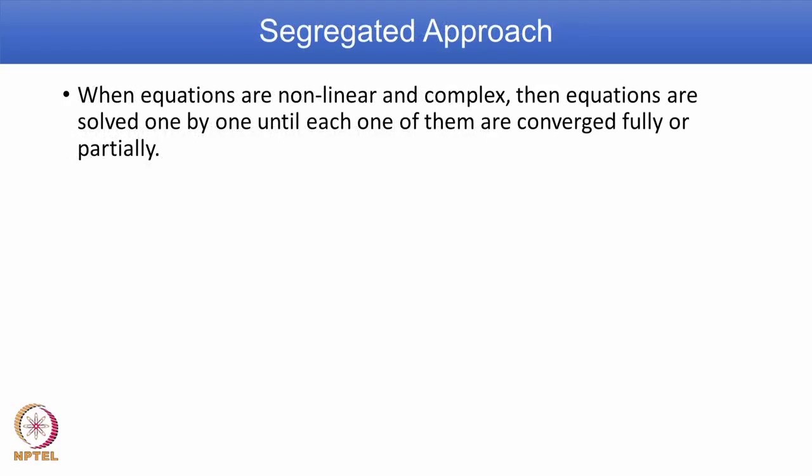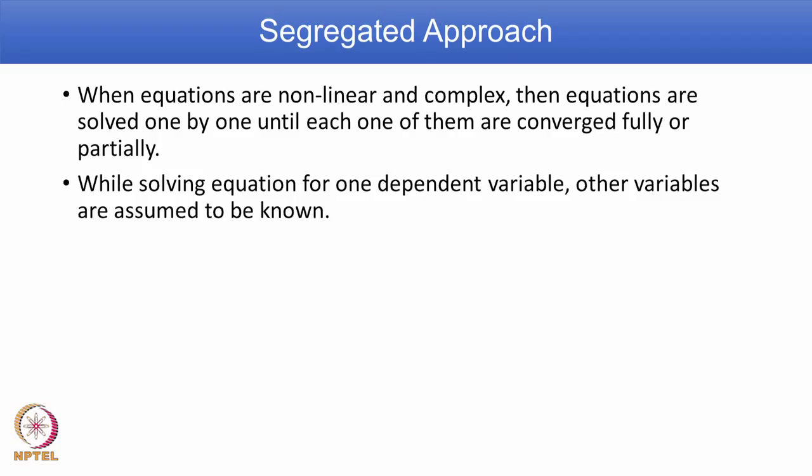In the case of the segregated approach, when equations are nonlinear and complex, it is advisable to solve one equation at a time, get a converged solution, then go to the next equation. So, equations are solved one by one until each one of them is converged fully or partially.